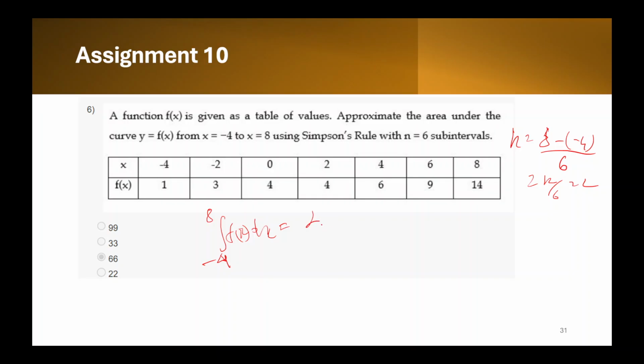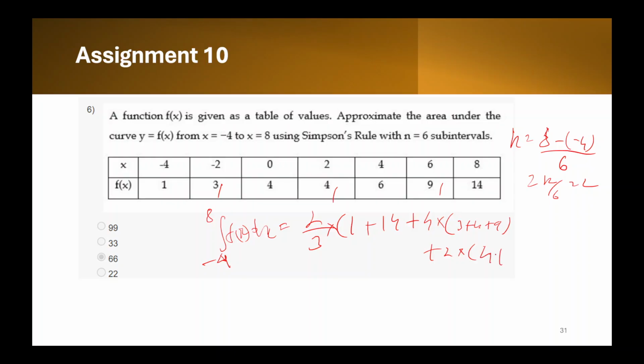So 2 upon 3 into the initial f(x) which is 1, the final f(x) which is 14, plus 4 into the odd position data points, 3, 4, and 9, plus 2 into the even position f(x), 4 and 6.